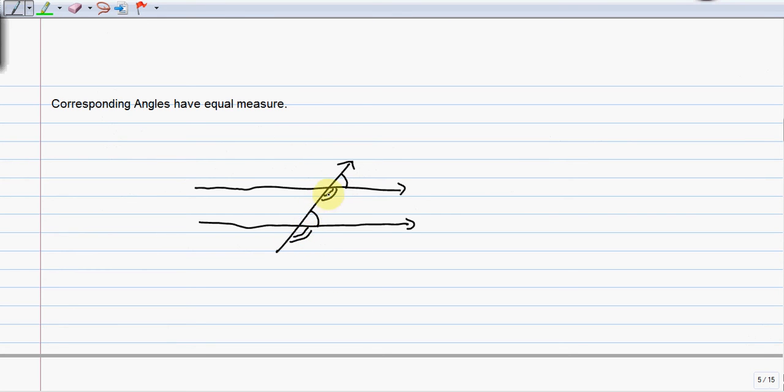Again, they're on the same side of your parallel lines below them, and the same side of your transversal, say to the right. And then we actually have four total. I'll draw one more right here, again, above your parallel lines on the left of your transversal. So these are equal to each other. And these are also, but I don't want to draw four lines, it'll get a little bit messy there.